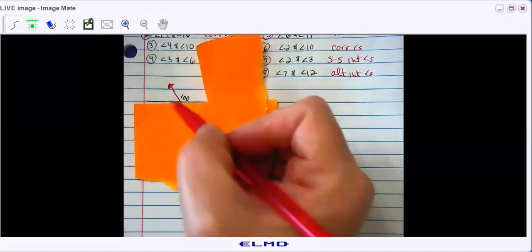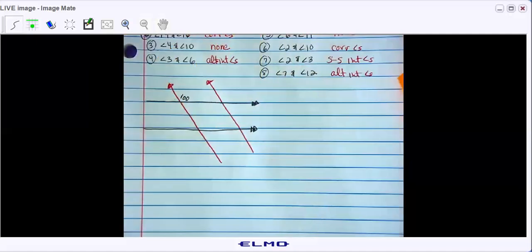Okay, so these two angles together are going to equal what? Two angles that make a straight line have to add up to be what? 180. Yep. So if this one's 100, what's the other angle going to be? 80? Yep, 80. Awesome.